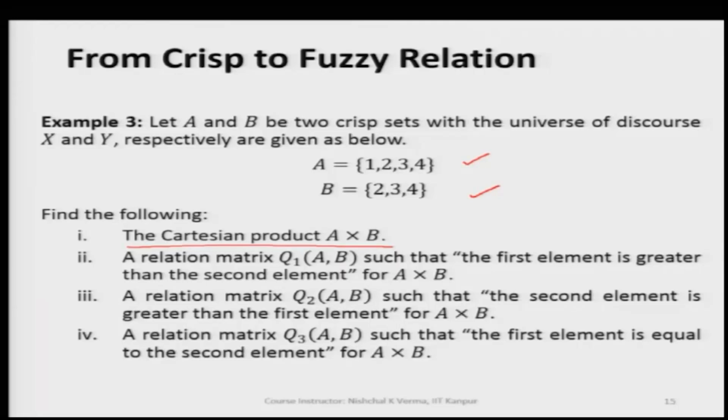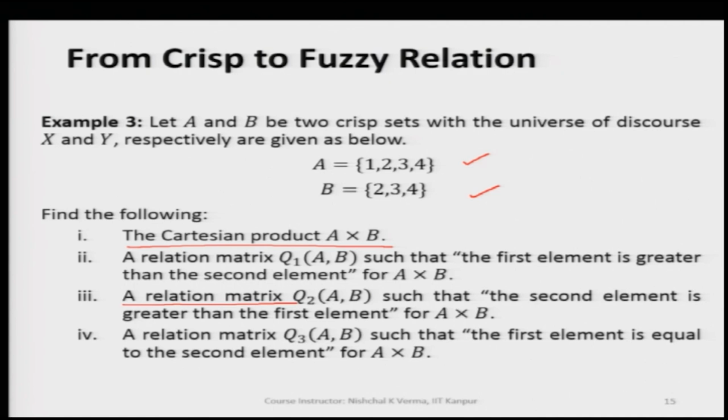Then, in the third case, we are supposed to find the relation matrix Q2 A comma B such that the second element is greater than the first element. Here, based on another condition, we are supposed to find another relation set Q2 A B, and based on that we can find a relation matrix.